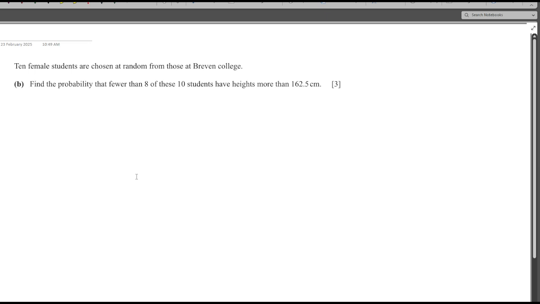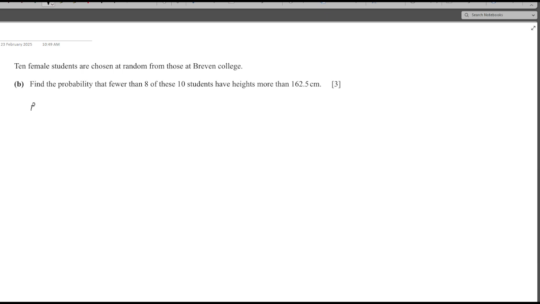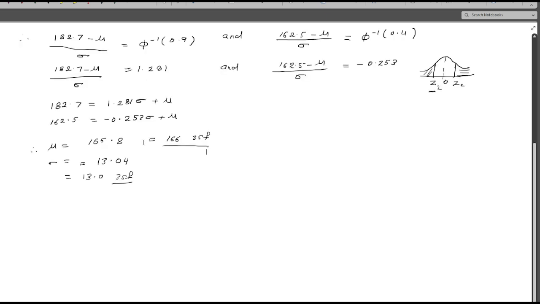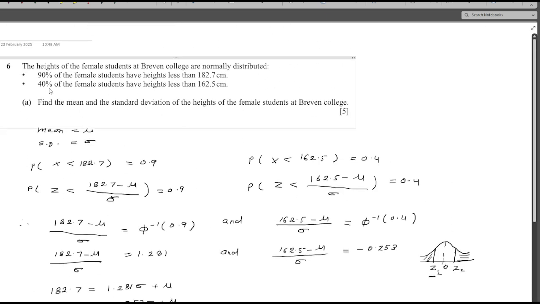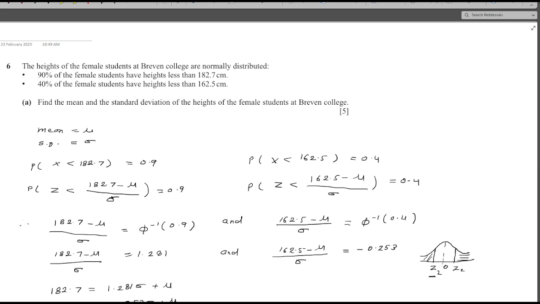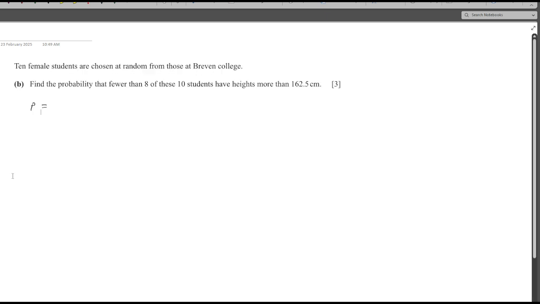Now 10 female students are chosen at random from those at Preven College. Now find the probability that fewer than 8 of these 10 students have height more than 162.5. Now here in this problem you can see that 40% of the female students have height less than 162.5. That means the probability of more than 162.5 is going to be 0.6.